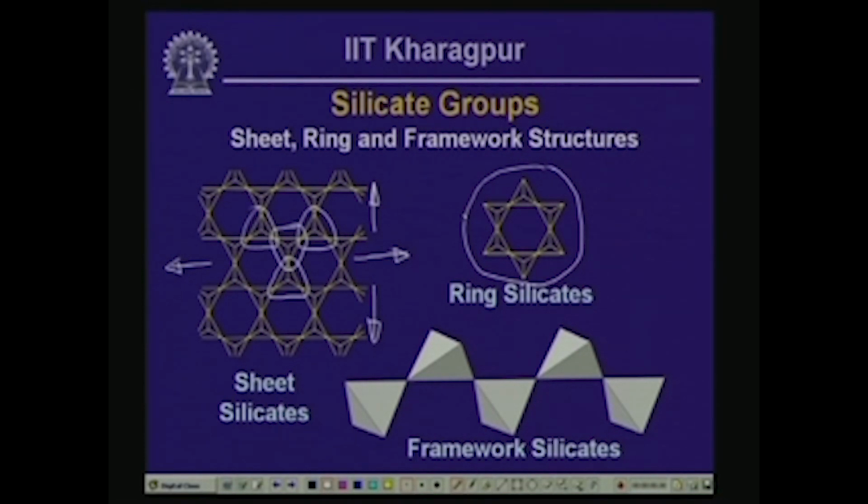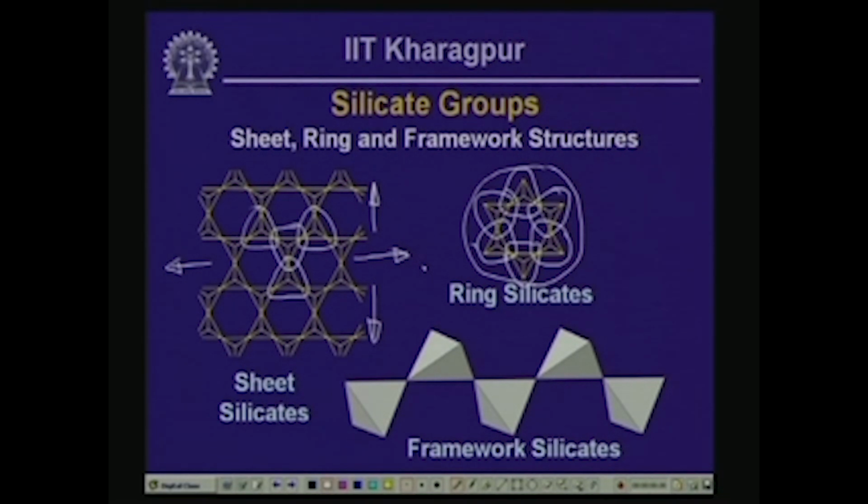Here you have a series of silica tetrahedra that combine with each other to form a ring-like structure. These minerals are relatively less abundant in comparison with the other types of silicate minerals that we have so far discussed.